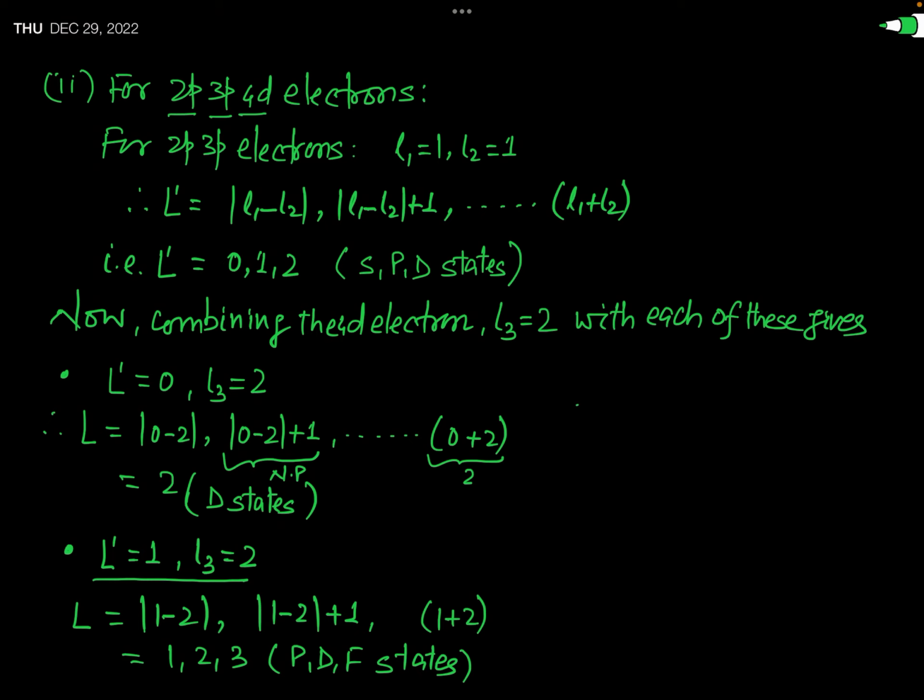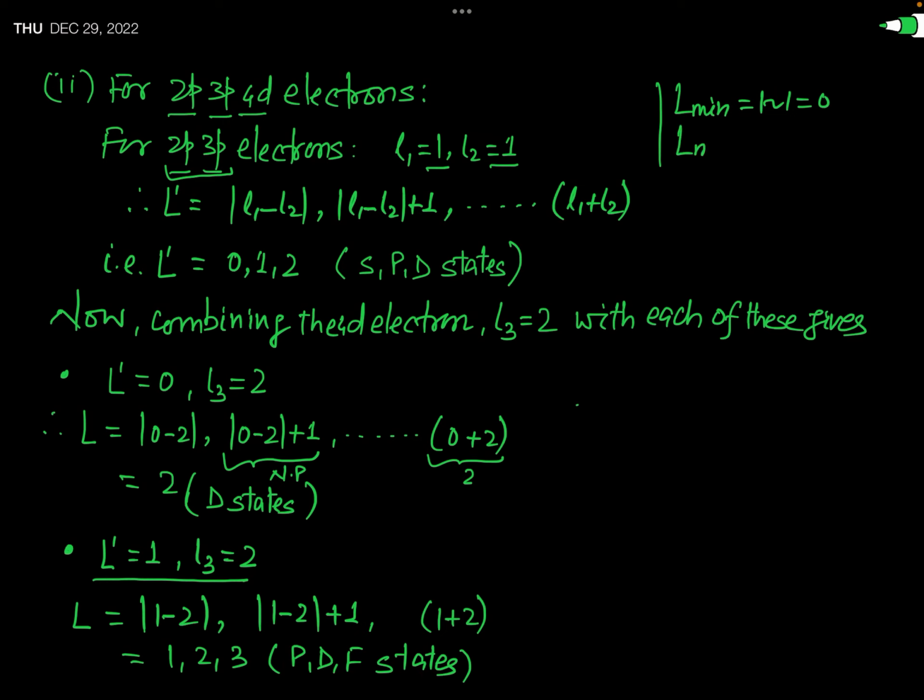So first of all we consider the 2p and 3p electrons. Now the 2p electron is in the p subshell, so l will be equal to 1. And for the 3p electron, this l is again 1. So what will be the minimum value of L in this condition? You can see minimum value will be 1 difference 1, that is 0.